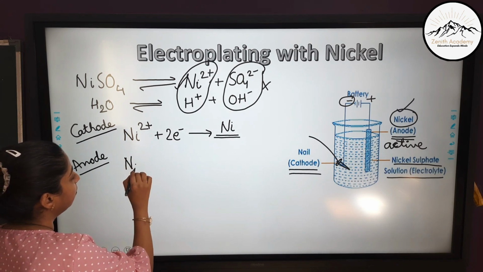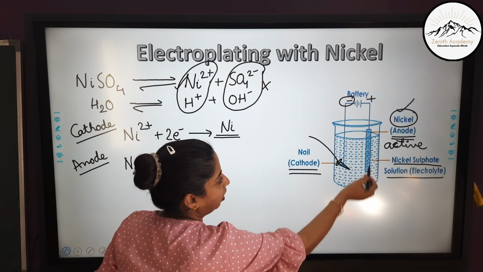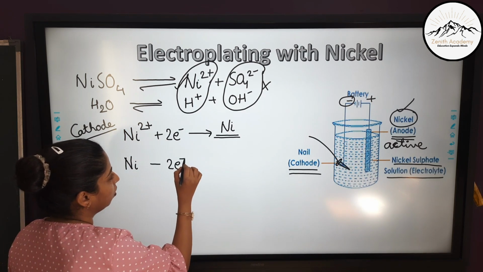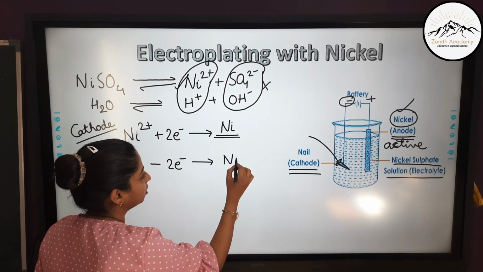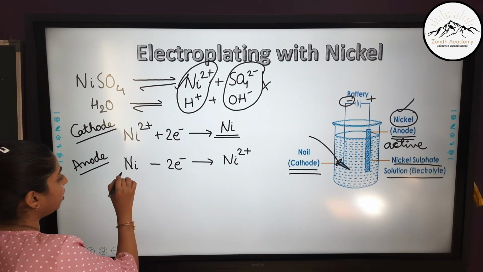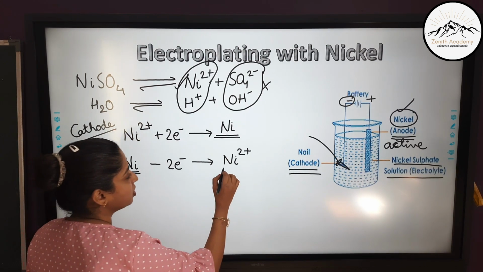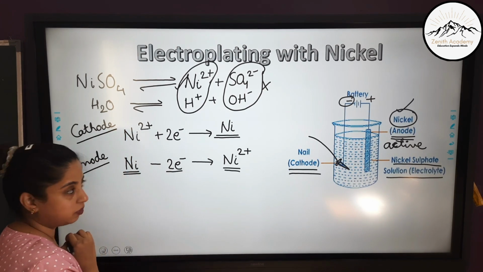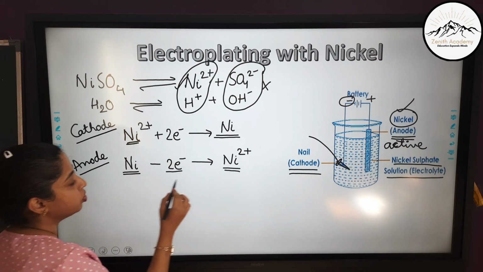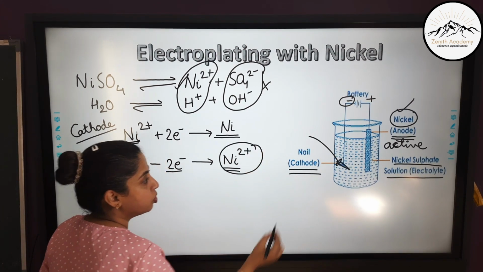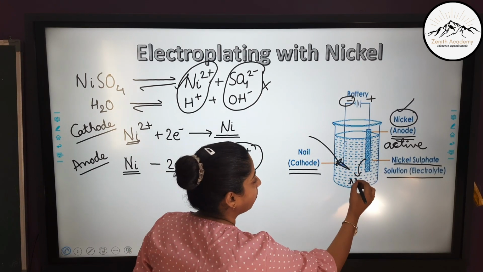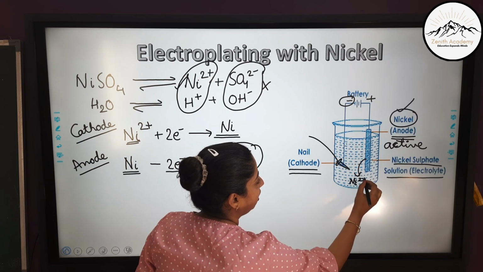So this nickel anode loses 2 electrons to form nickel ions. You can say that the nickel atom produces nickel ions and electrons, and the same electrons are then taken by the cathode. Now nickel ions are formed, and these ions go into the electrolyte. So here nickel ions are there in the electrolyte.